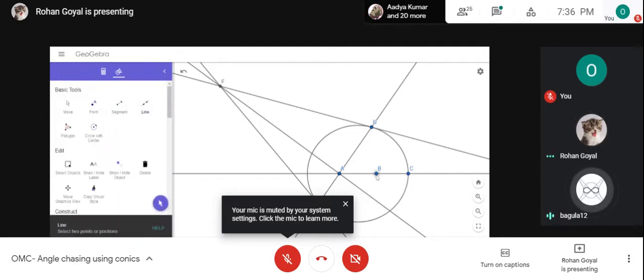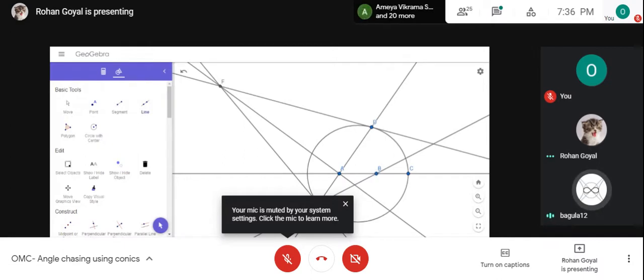Then because of FB, the incenter will lie on FB, but that is not necessary, I think. Yeah, the incenter will lie on FB, that's true. So F is the B-excenter, right? That's the claim. Yeah.